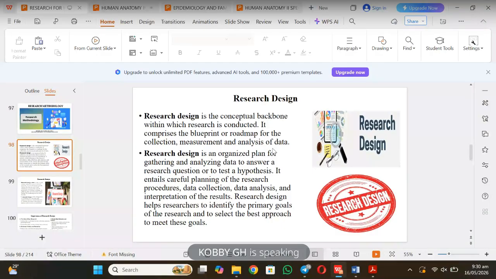You want to do a study and you want to pick information from records that are already in existence. So if I decide to do research in a hospital, but I want to collect data from information that is already in existence in the past, then I say that you are going to use retrospective study design.